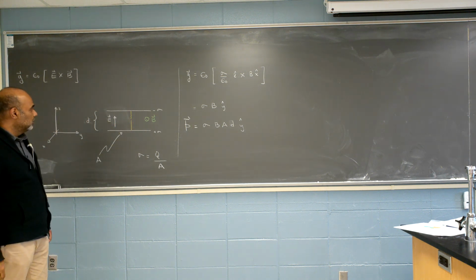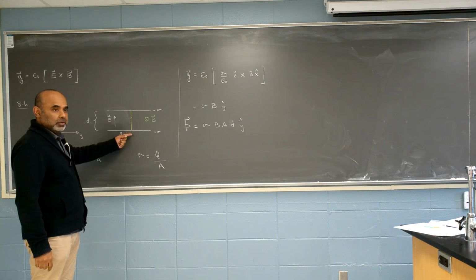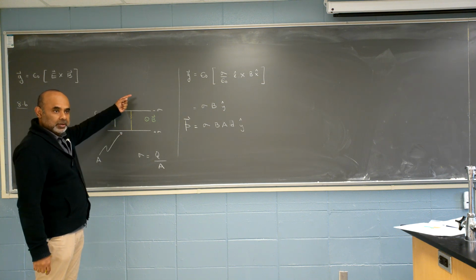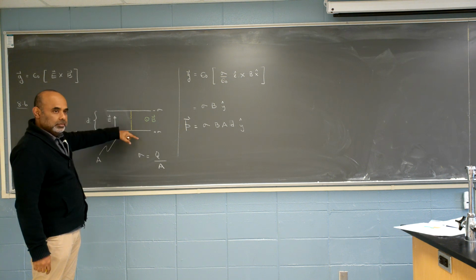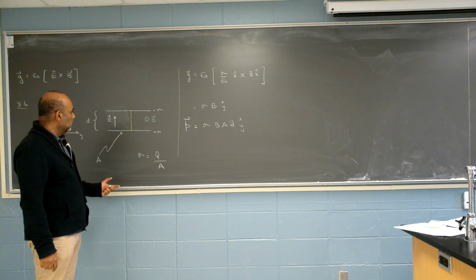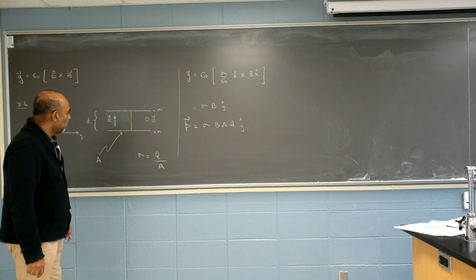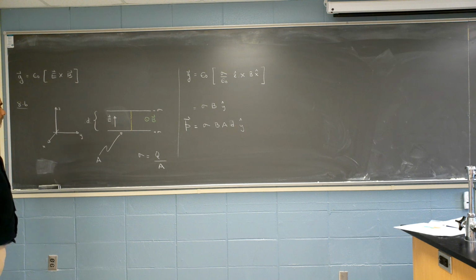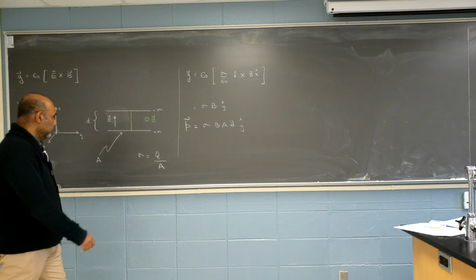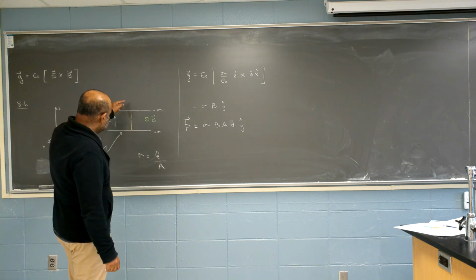What's going to happen? Current is going to flow from here to here, and the plates will be neutralized. As a result, there might be a force on the wire. So this is a wire that is designed to discharge.